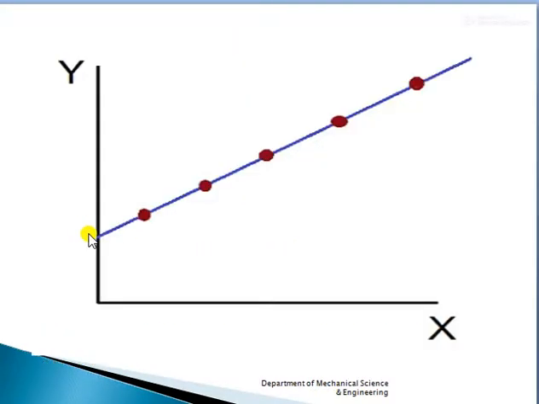In this diagram we have the x-axis and y-axis, and usually this is the simplest method to study the correlation between two variables, where the values of each pair of variables are plotted on a graph in the form of dots. Here you can see these dots, 1, 2, 3, 4, like this. These are the dots, thereby obtaining as many points as the number of observations.